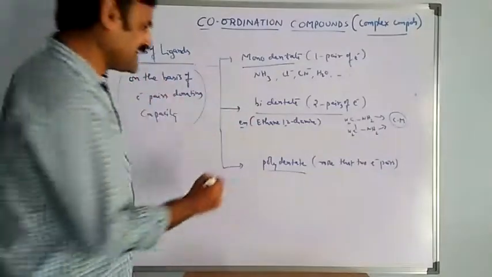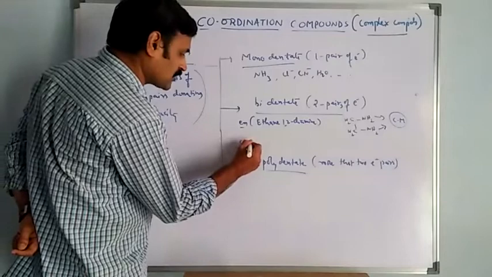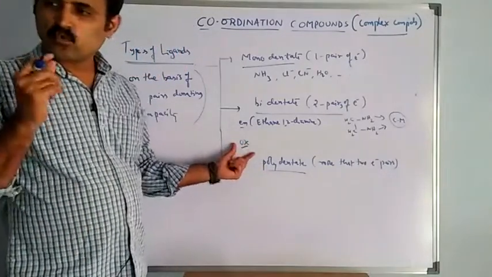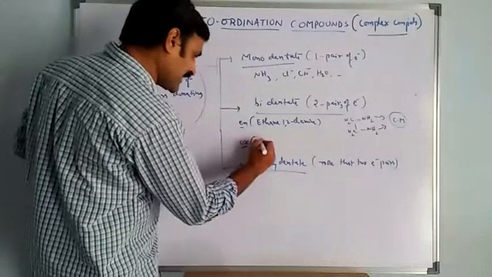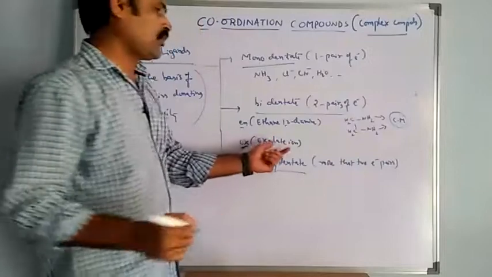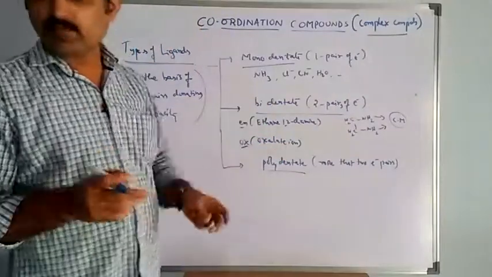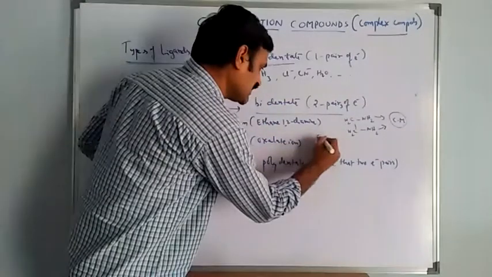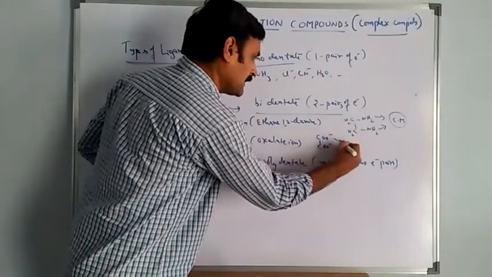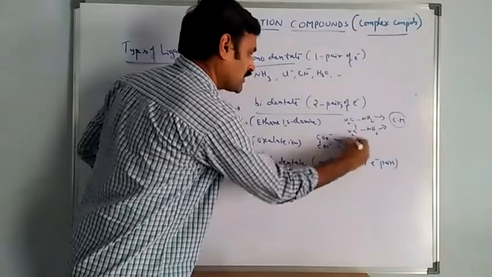Like that, oxalate ion is there. Another example, the oxalate ion, as a shortcut you can use ox. Its complete name is oxalate ion, C2O4 2 minus. That is also one of the bidentate ligands we have.